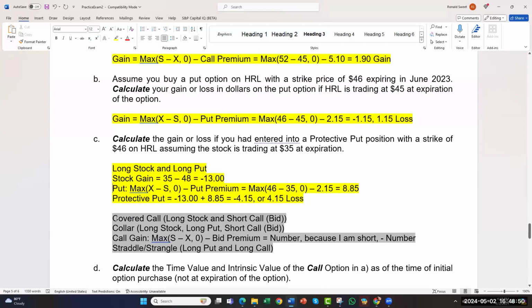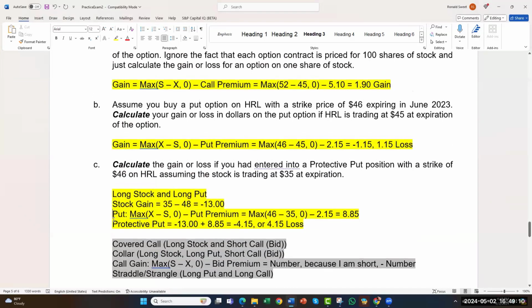You would do the stock gain, and then you would do the short call because you're going to short the call, so you're just going to use the bid, right? And in the straddle, you're going to do the long put and the long call, which means you're going to use those two equations, the max for the put and the max for the call.